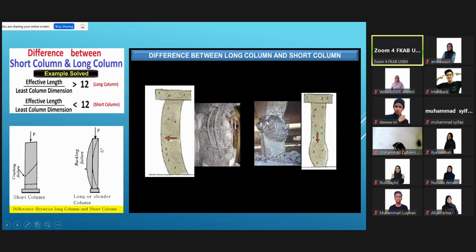Kalau short column, this is some kind of feature of your running a column. Kalau you want to have something big, you want to have something visually look very strong building, but big column, tapi dalam tu is only a small what you call this I-beam je.